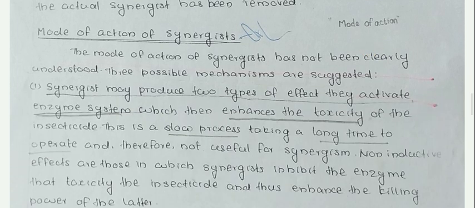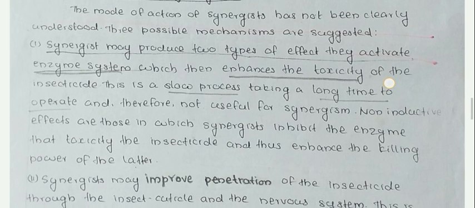Mode of action. The mode of action of synergists has not been clearly understood. Three possible mechanisms are suggested. Synergists may produce two types of effect. Inducible effects: they activate an enzyme system, which then enhances the toxicity of the insecticide. This is a slow process taking a long time to operate, therefore not useful for synergists.